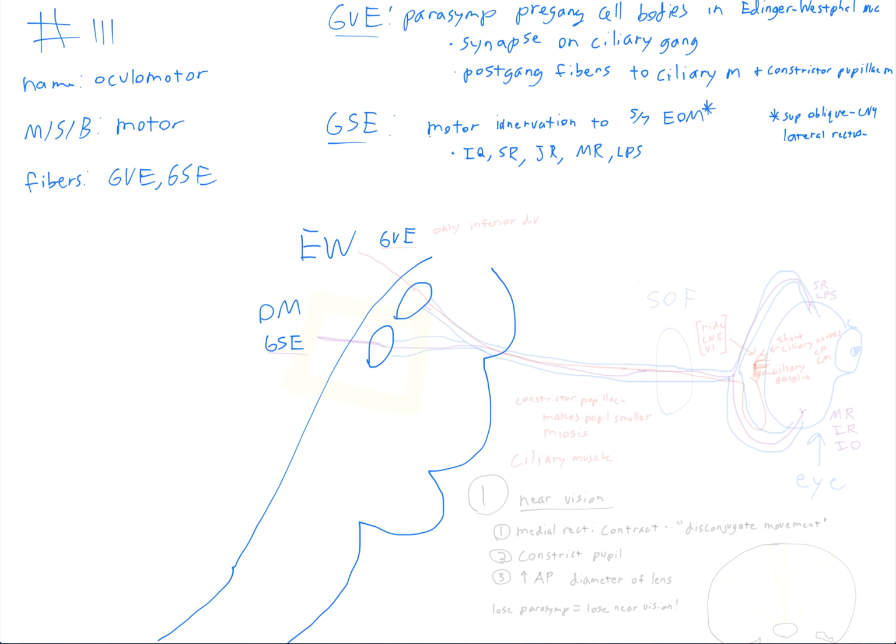It's going to course through the cavernous sinus, and then it's going to exit the superior orbital fissure. Yes? What's the artery thing? Your posterior cerebral and your superior cerebellar. Okay? It's going to leave the superior orbital fissure, and then it's going to branch into two different divisions.